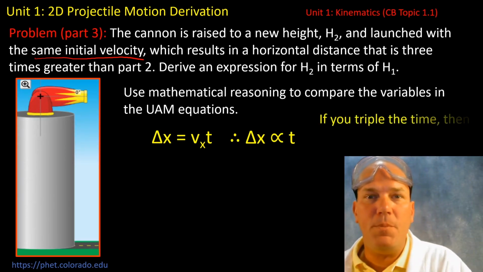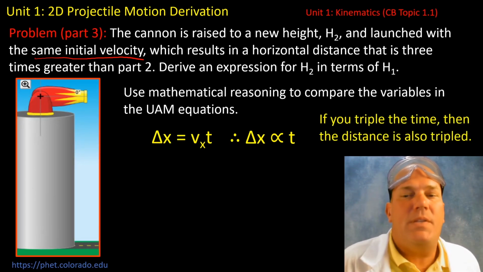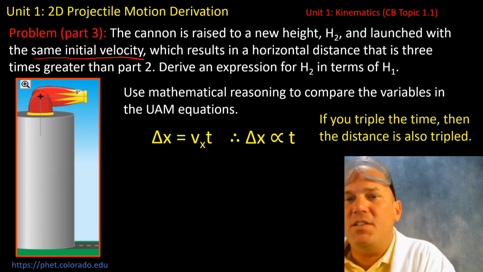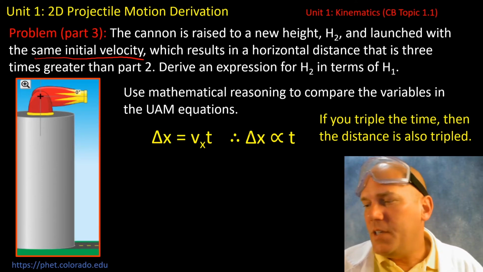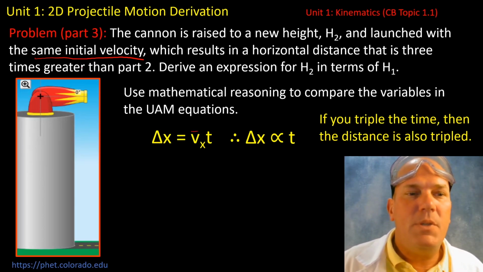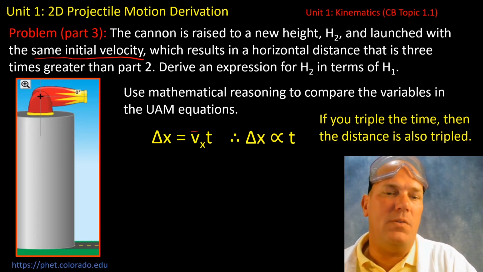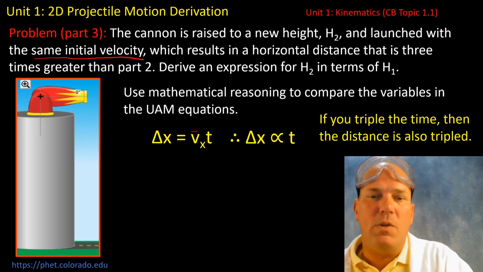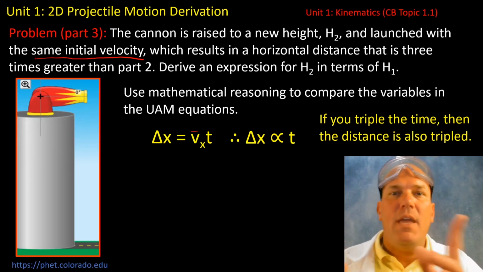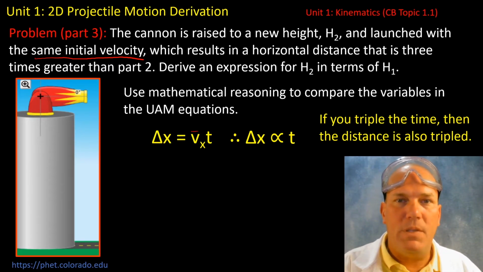So if we want to triple the range or the horizontal distance, we need to triple the time. So if the distance triples, time triples. Same is also true here for the velocity. However, we're explicitly told that that velocity is the same as in parts 1 and 2. And so we're looking at time and distance. We need to triple time to triple distance.